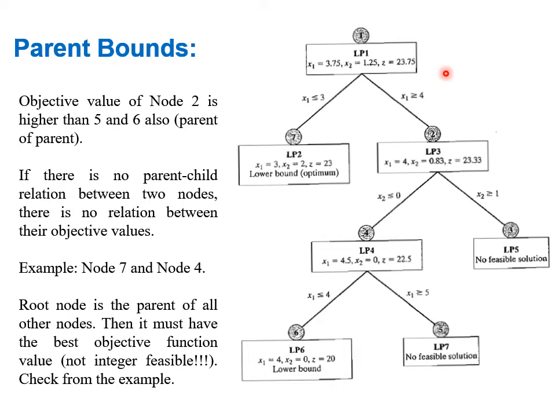So in a maximization problem, better means larger or higher. So this 23.75 shows us the maximum possible value that this integer program may have. And if you look at the objective values of all other nodes, you see that all of them are less than or equal to this value.